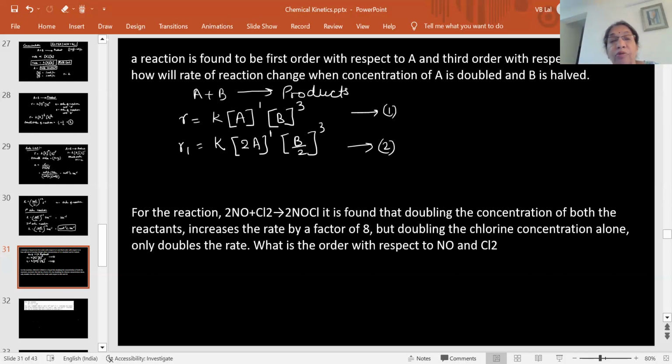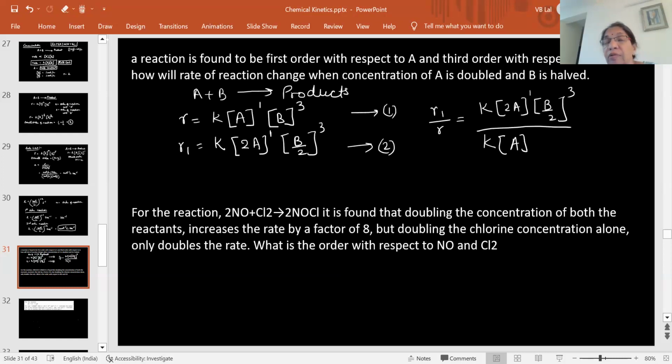If I divide 2 by 1, I will get R1 by R is equal to K, 2A raised to 1 and B by 2 raised to 3, divided by K, A raised to 1 and B raised to 3. Okay, now this is arithmetic, you can do it. Now this and this will get cancelled.